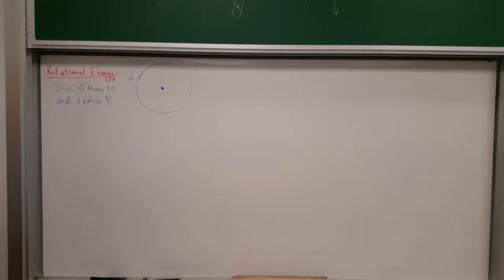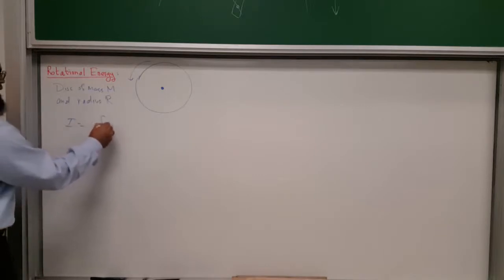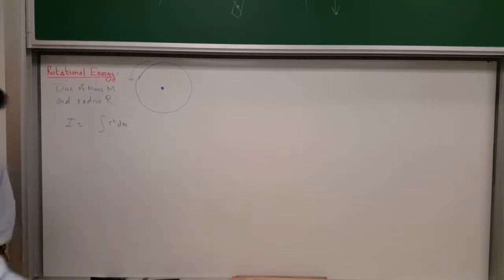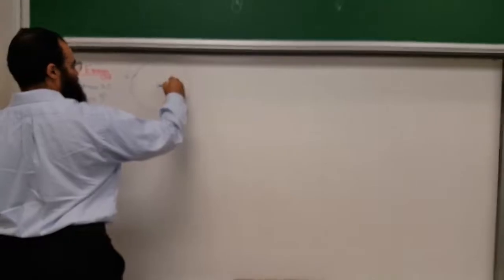All right? So the way we're going to do this, we will use the moment of inertia. I will be the integral of r squared times dm. Let's go a distance r here. This is r.